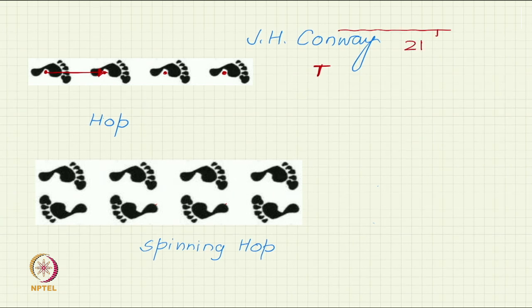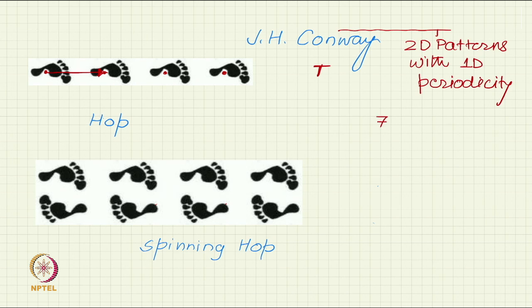So, Frieze groups are 2D patterns with 1D periodicity, and we had started looking at it, and we had looked at some beautiful border patterns in the last class, and we saw 5 of them, but we had claimed that there are 7.